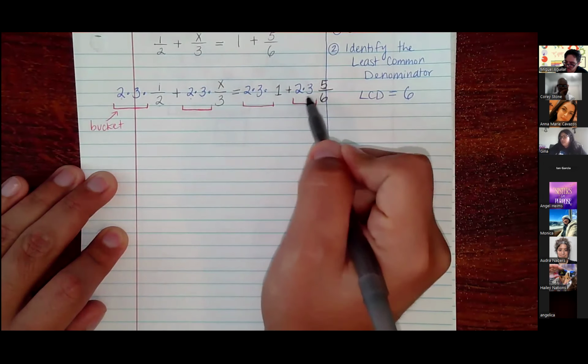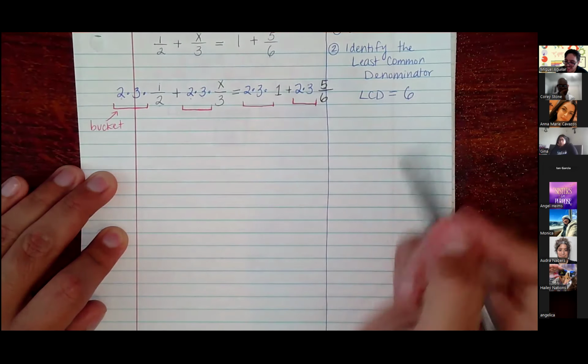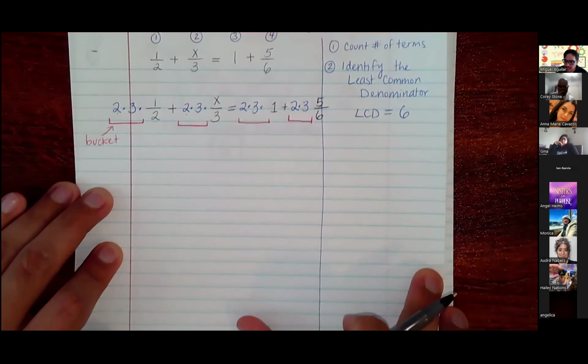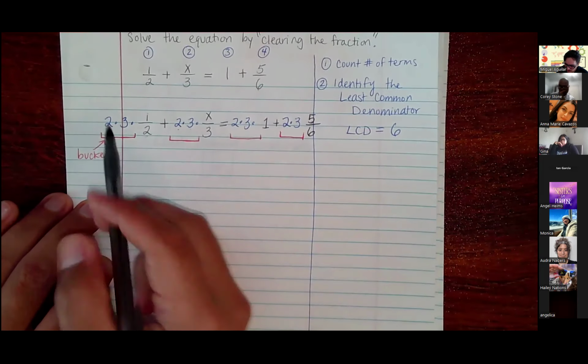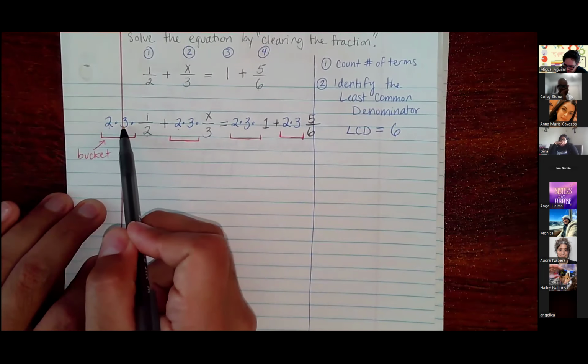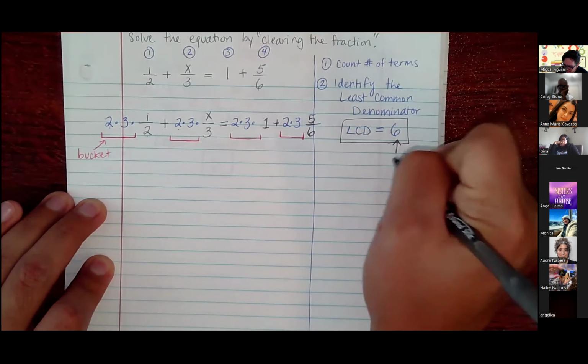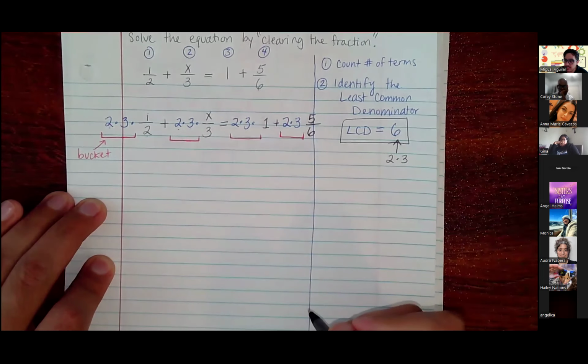All of these 2 times 3s, they're the same thing as 6, right? And this brings me to this idea of, well, what is 2 times 3 anyway? It's this LCD, right? That is the 2 times the 3.